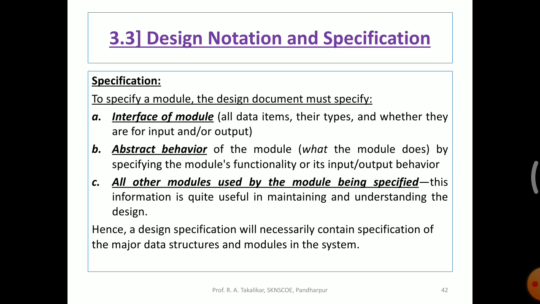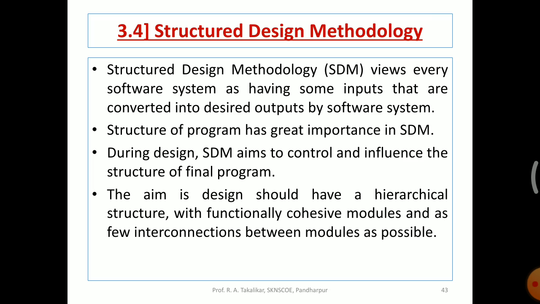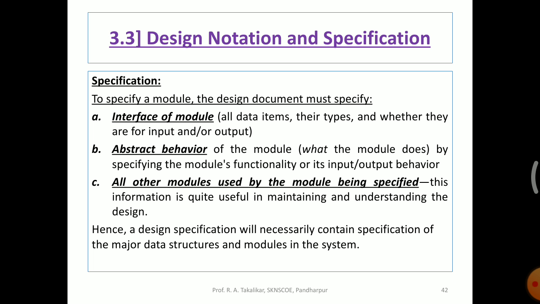The design document should specify different things such as the interface of the module, abstract behavior, and other modules used by the module which is being specified. So such details we have seen in the design specification. So that was a brief introduction or revision about the points that we have already covered in the class.